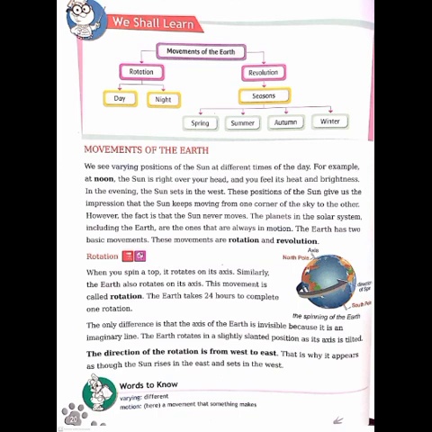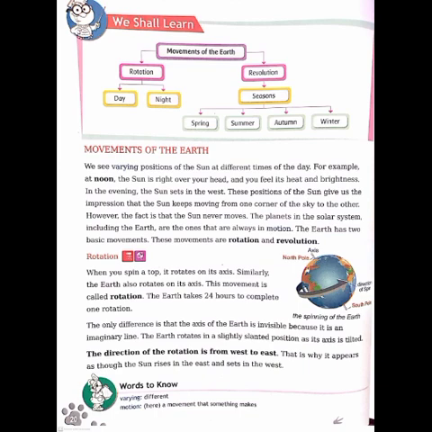How is the earth moving? We see different positions of the sun at different times of the day. For example, in the morning the sun rises from the east, and in the evening the sun sets in the west.